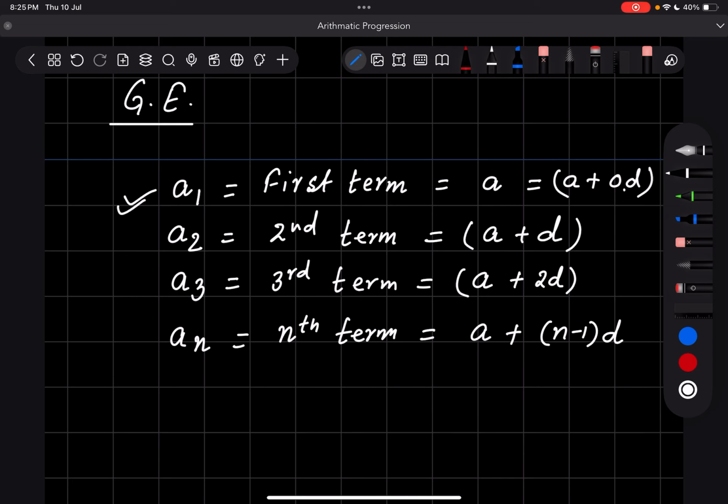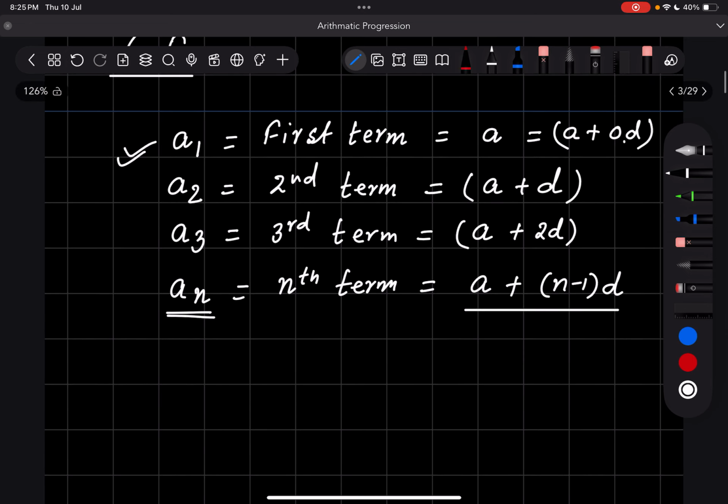While you are writing the third term a3, you had to add 2d to a. And so when you will have to write an, you will have to add n minus 1 times d to the first term. So from here we have produced a general equation for arithmetic progression.